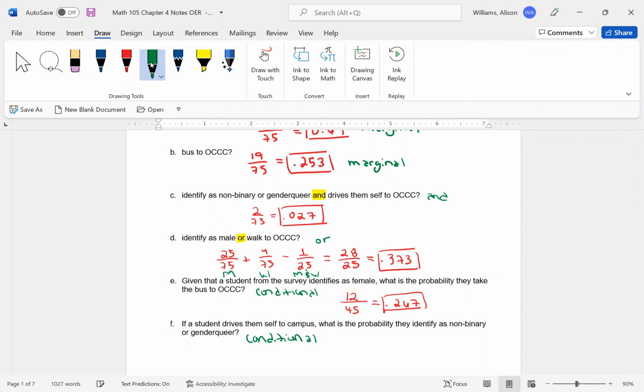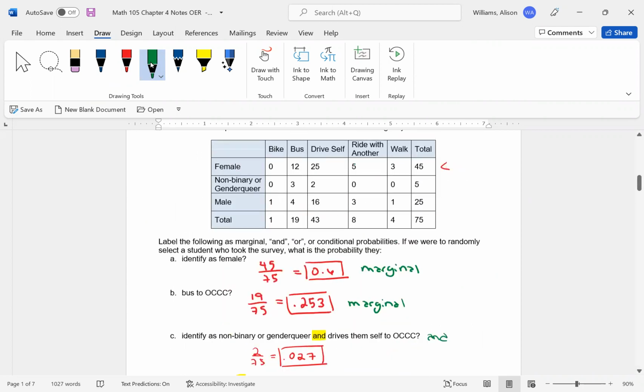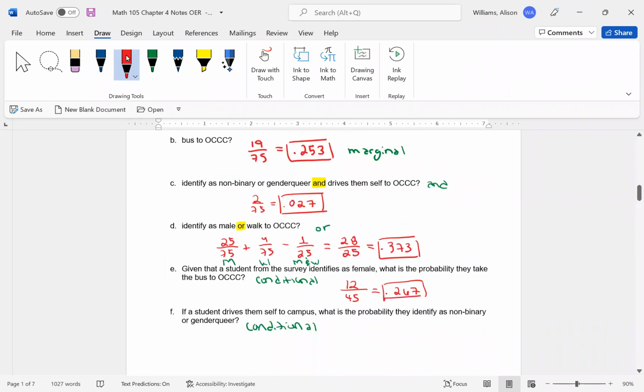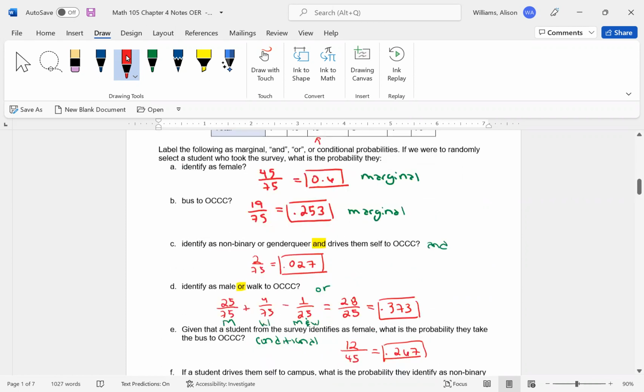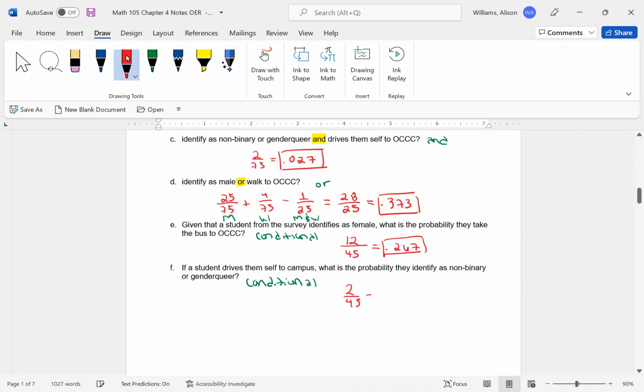So we're going to limit ourselves to the column of people who are driving themselves. So this column right here. That's 43 people, that's what we're limiting ourselves to. And we want to know of those 43 who identify as non-binary or genderqueer, and that would be 2. Which, when I divide, is 0.047.